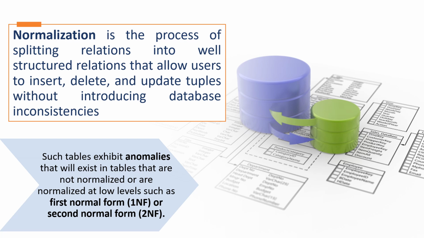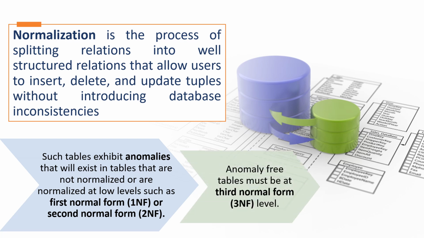The optimal normalization is third normal form, which is free from anomaly issues. We will explain those steps in the next slides, but we should understand that normalization is the process where we have more data connected to each other.